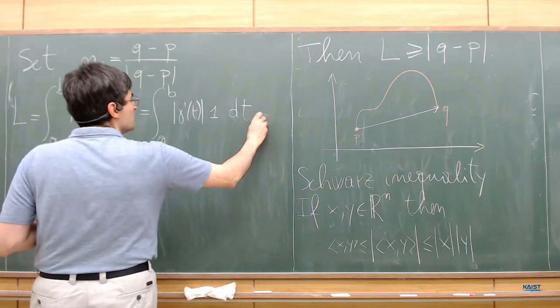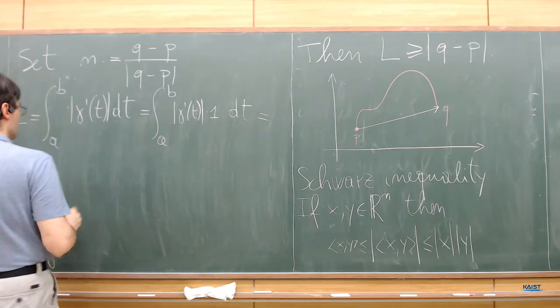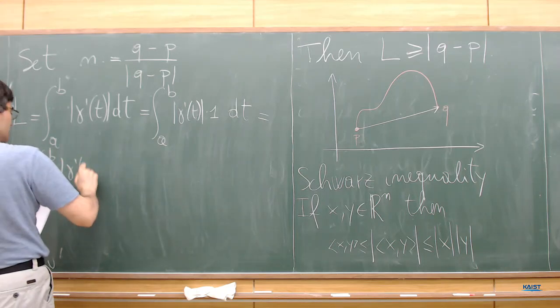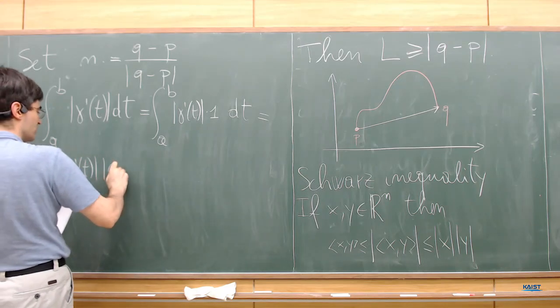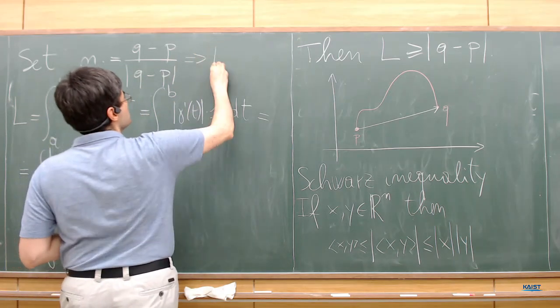But this is also equal to the integral from a to b of the length of gamma prime of t times the length of n. This is a vector of length 1.